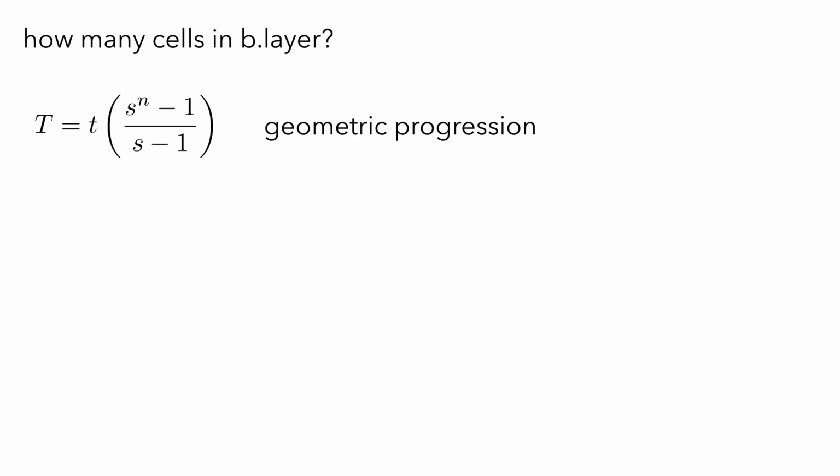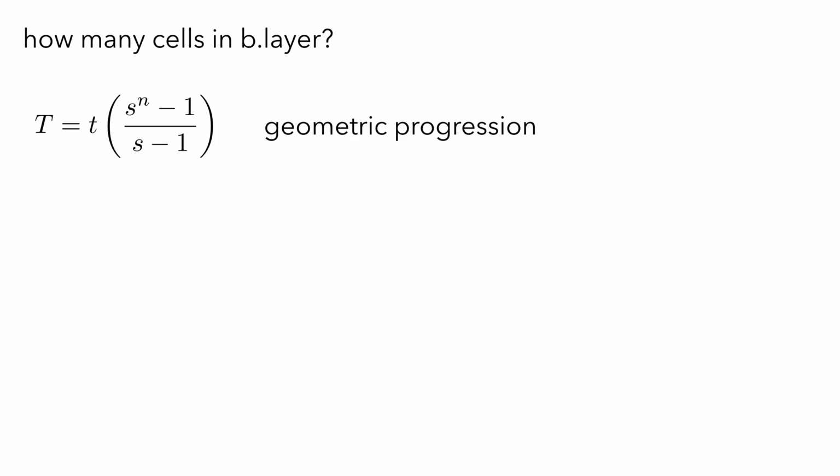So now we need to figure out how many cells we put in the total boundary layer. There are different methods for doing this in StarCCM, so this isn't necessarily a general formula, but mostly something similar. You can look up what it is for whatever CFD package you're using.